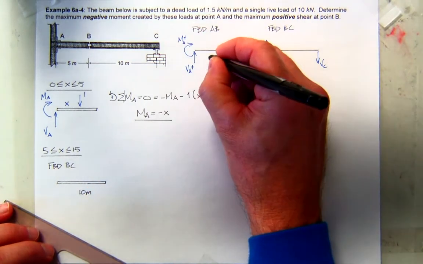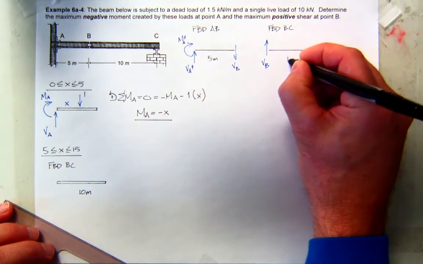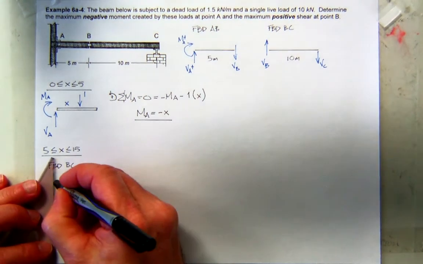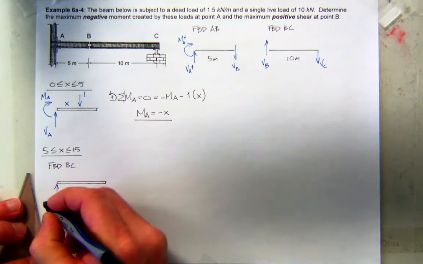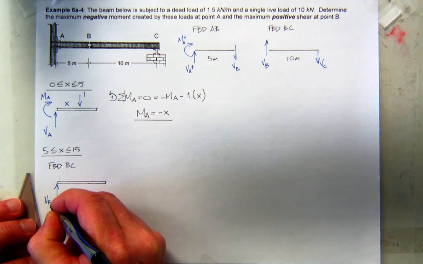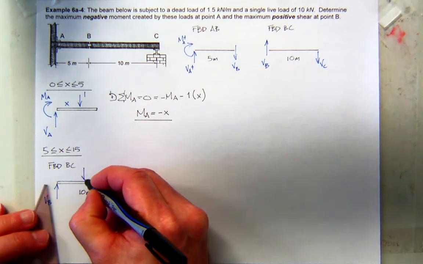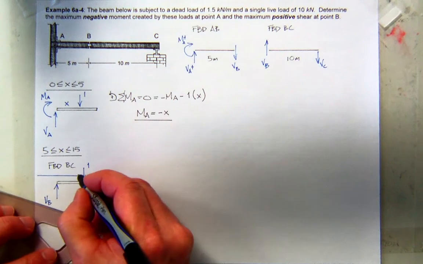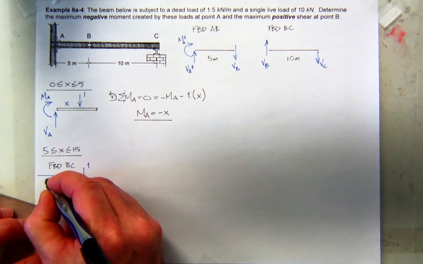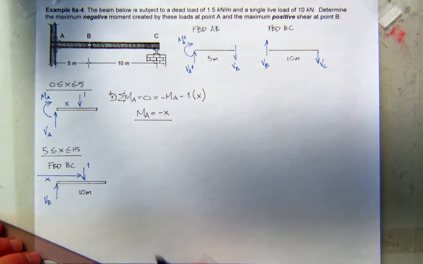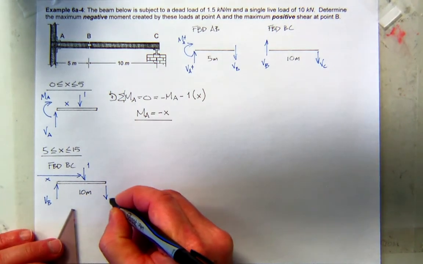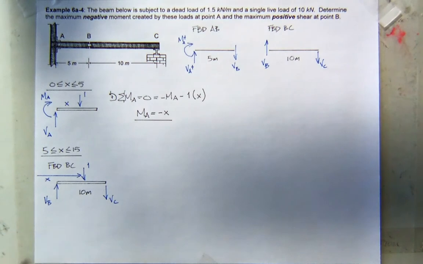I forgot to write up here that this was 5 and this was 10. So there's my shear at B. Here's my unit load. Now, it's measured from way over there some distance x, right? This is 5 to 10, 5 to 15. And then I've got my shear at C, I assume.